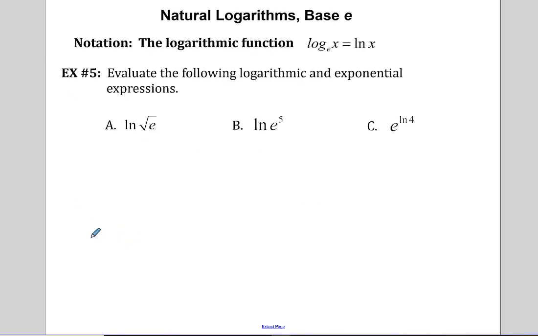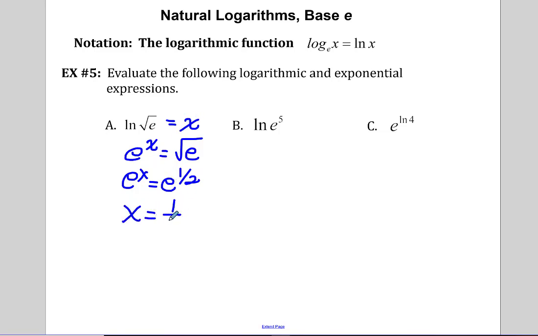That's pretty easy. Remember, when your base is e, that's the same thing as natural log of x. So if we convert log base e of x, we can write that in the shorthand for natural log. And in this case, we want to evaluate the logarithm as e to some power is the square root of e. So e to that power has got to be the half power. A logarithm is a power, so the power is 1/2.